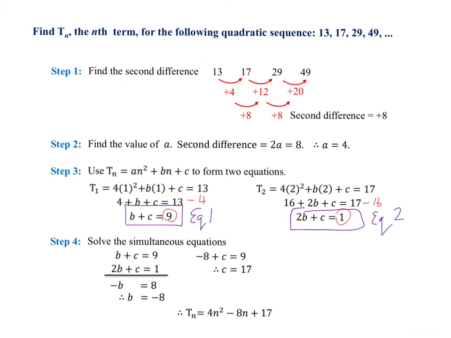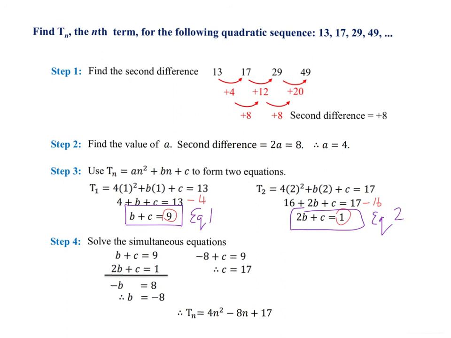And I need to solve them simultaneously, so I put them together. I cancel my c's, multiply across by minus, and what I'm left with is that b is minus 8, c is 17, so then I literally fill in b, c and a into the formula.